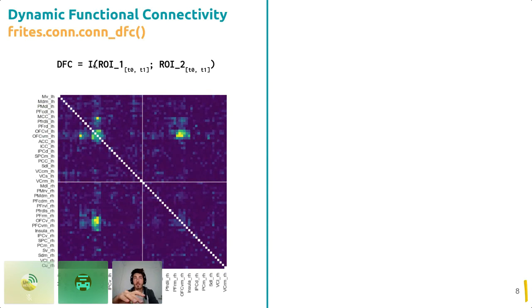Basically, it computes the mutual information between the brain activity of one region and the brain activity of another region inside a small temporal window. Then you can use a sliding window to have some kind of temporal resolution. It's an undirected measure, so the matrix is symmetrical, and it's pairwise connectivity.